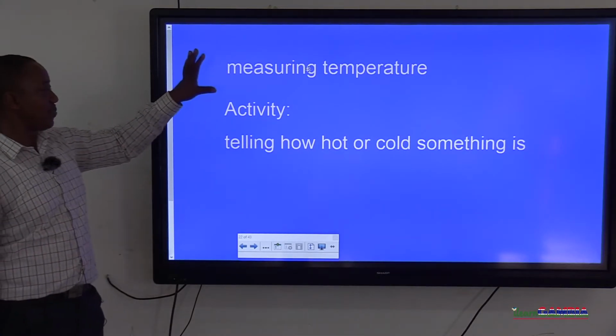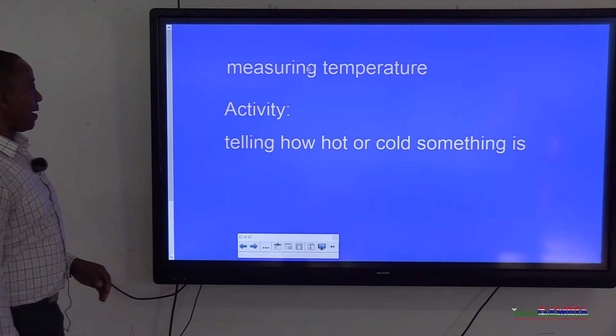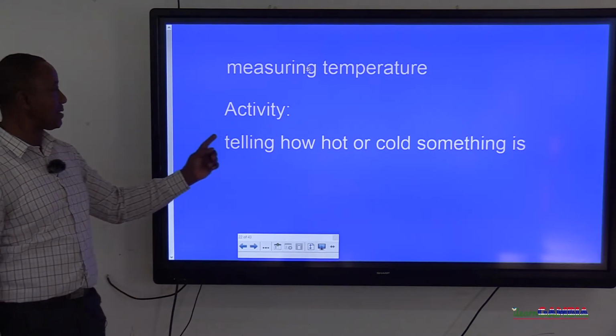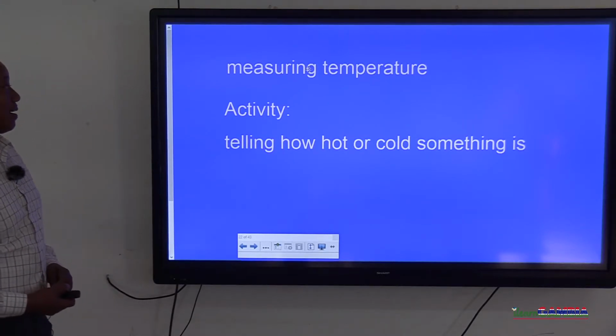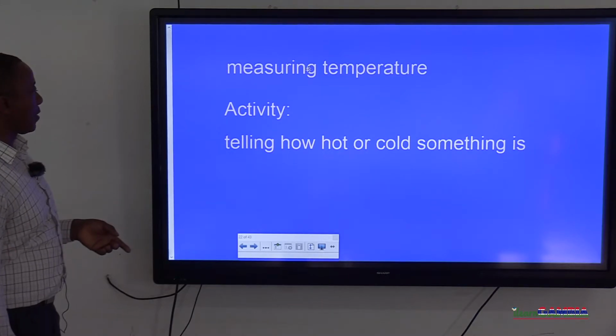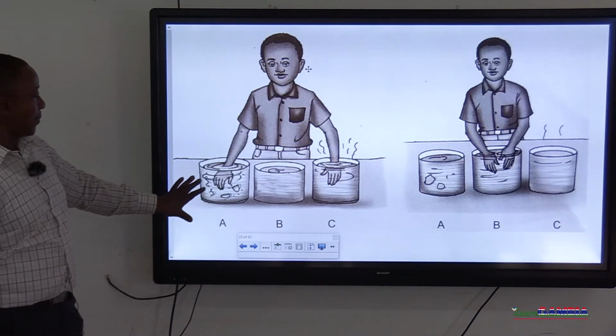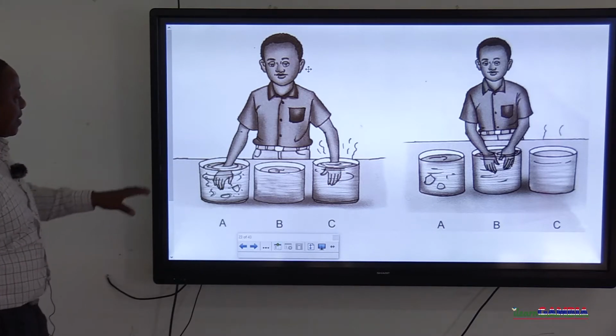So let's start with temperature. There is an activity we're going to look at. It says telling how hot or cold something is by using our sense of touch. So how do we go about it? I got this picture from the grade 7 science book.